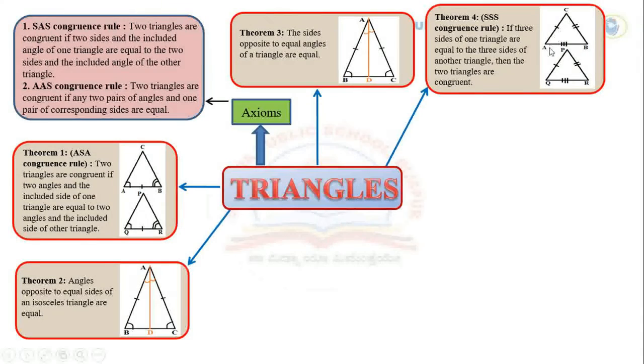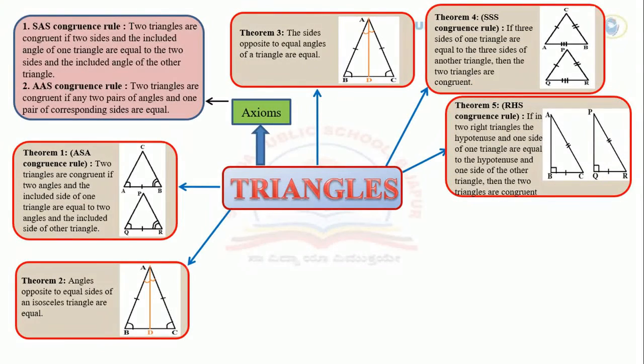So, in the triangle ABC and in triangle PQR, AC is equal to PQ, AB is equal to QR and BC is equal to PR. Then, since all the three sides of one triangle are equal to all the three sides of the other triangle, triangle ABC is congruent to triangle PQR.